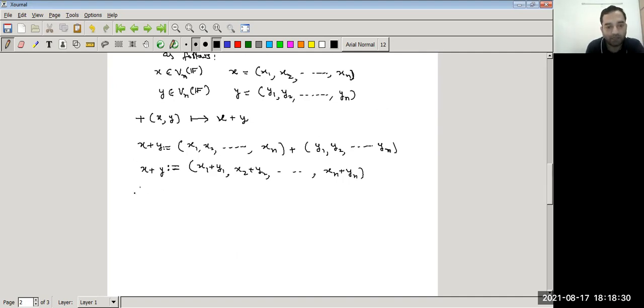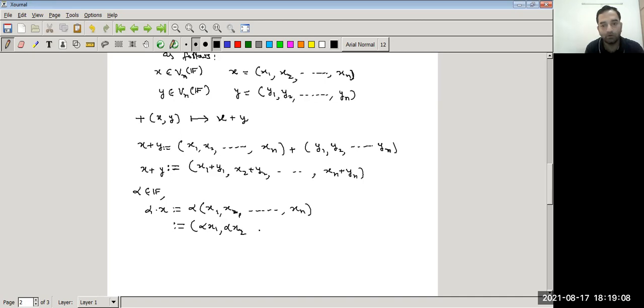Now second, if alpha belongs to the field, how can we define scalar multiplication? Alpha times x is defined as alpha times (x1, x2, ..., xn), which is equal to (alpha x1, alpha x2, ..., alpha xn).